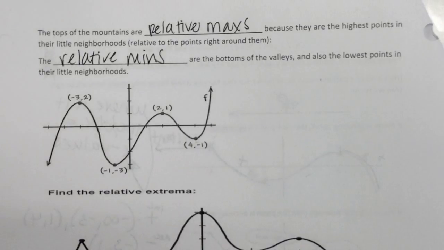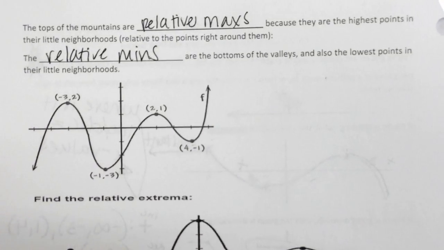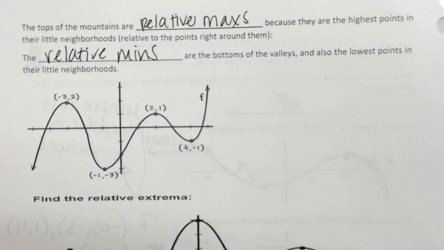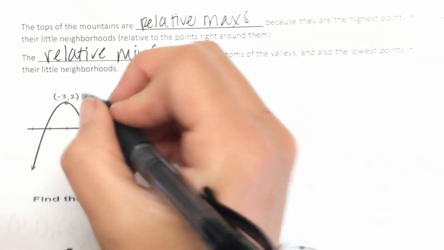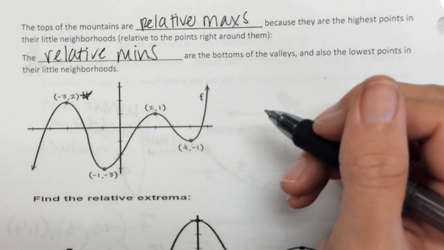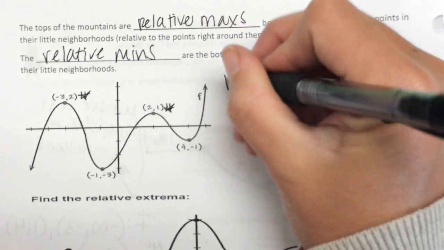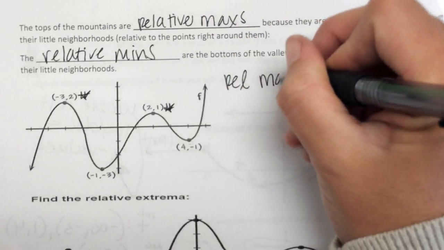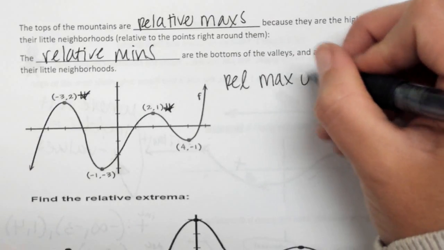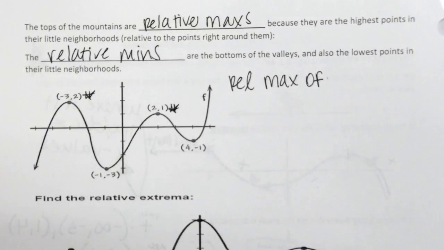So the way I want you to write these, for example, tell me the points where we have our relative maxes. And 2, 1. This is how I want you to write them. Relative max, and you can just write rel max of, and when it's talking about max, we're talking about height, right? So we're talking about which value? X or Y?